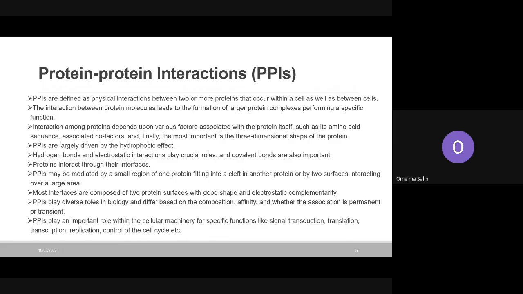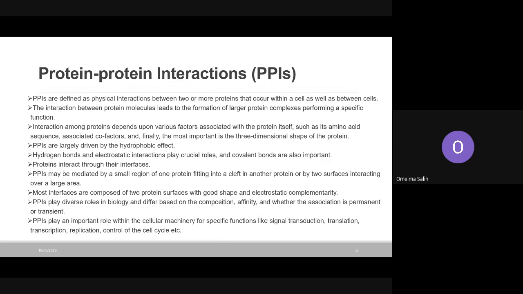Interaction among proteins depends upon various factors within the protein itself, that is, its sequence, its tertiary or secondary structure, and other associated factors, maybe the presence of certain metals, the presence of water, the pH of the cell. All these affect the protein interactions, and even the three-dimensional shape of the protein affects its interaction with other proteins.